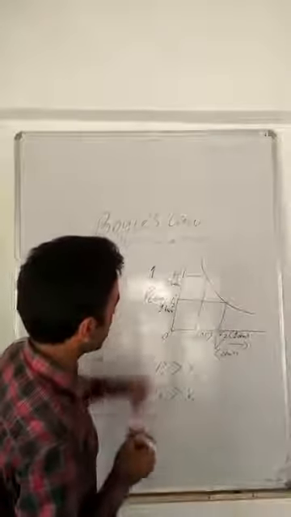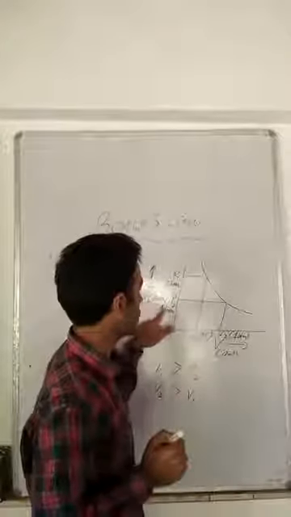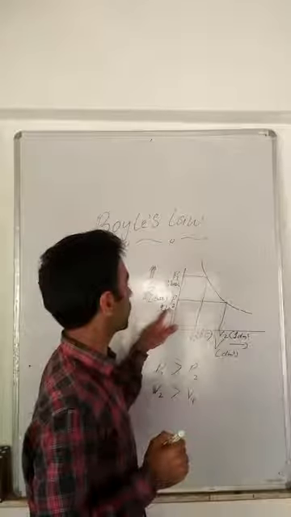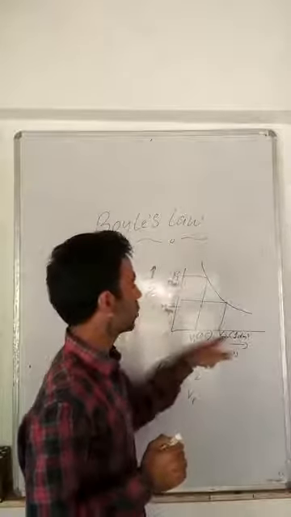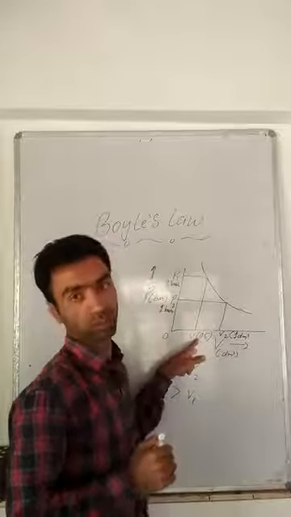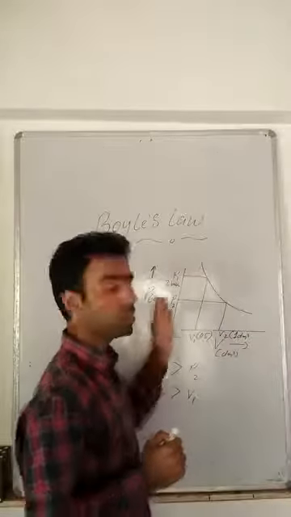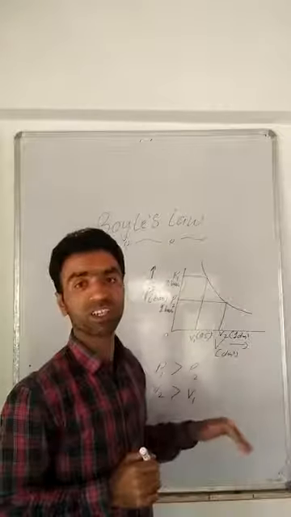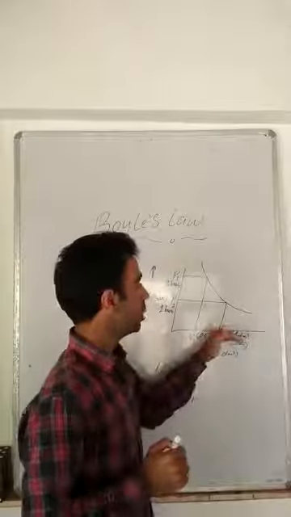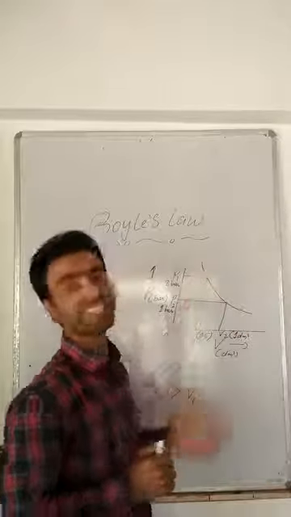So once the pressure is P2, that means 1 bar, the volume is 1 decimeter cube. I am increasing pressure from 1 bar to 2 bars, the volume gets decreased from 1 decimeter cube to 0.5 decimeter cube. That means an increase in pressure leads to a corresponding decrease in volume, or an increase in volume leads to a corresponding decrease in pressure.